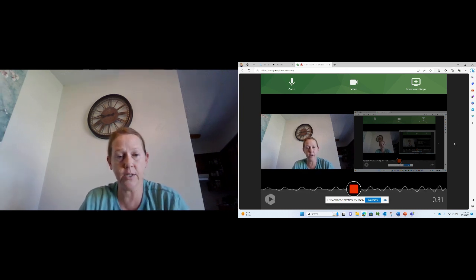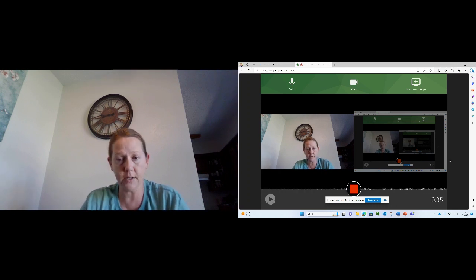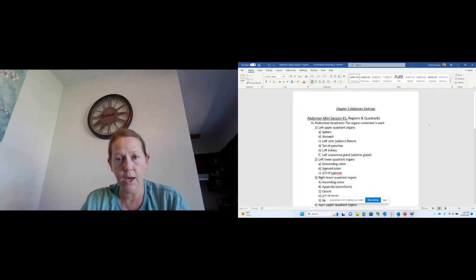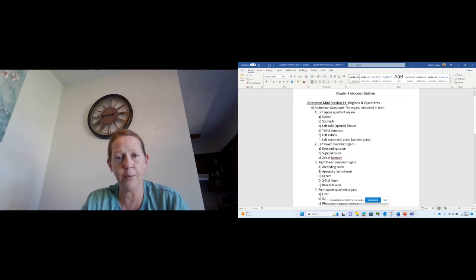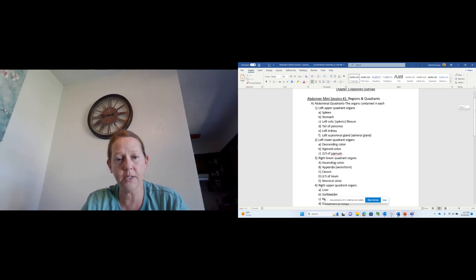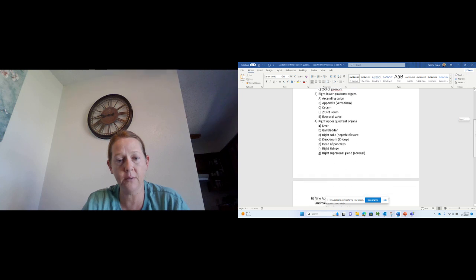Okay, so this one is going to be mini session number 1, regions and quadrants, and I'm going to share my screen with you. Here is the outline for the abdominal quadrants. The left upper quadrant organs and each organ contained within the left upper quadrant, the left lower quadrant, the right lower quadrant, and the right upper quadrant organs.